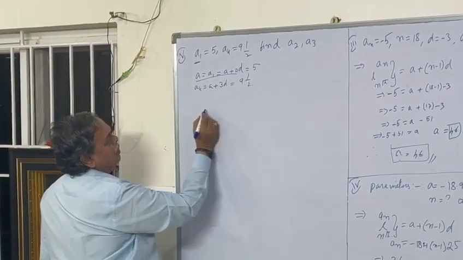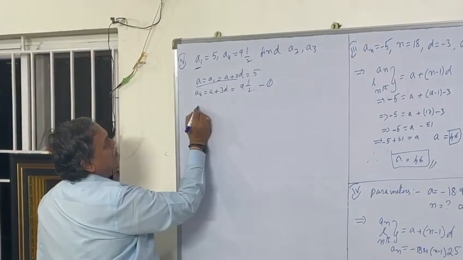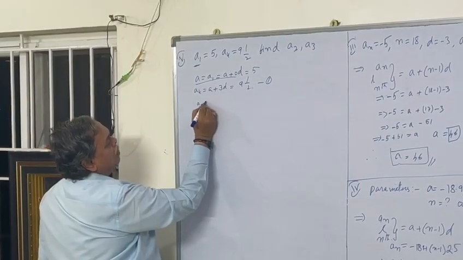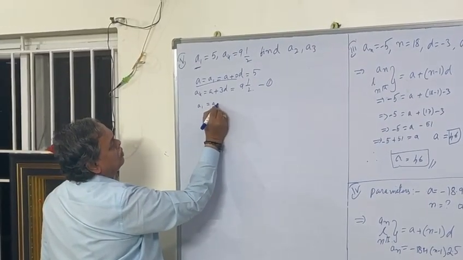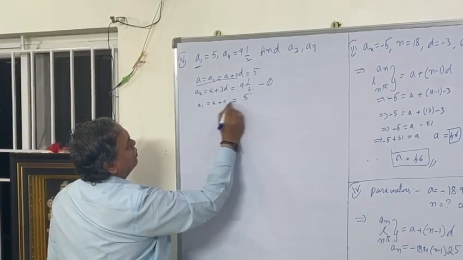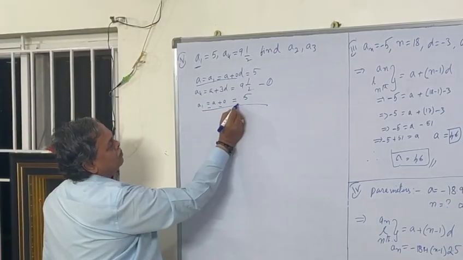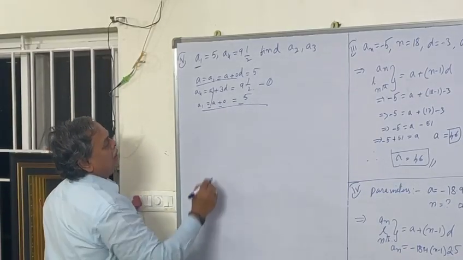5 is given. Then we will take this as equation 1, and A1 is equal to A plus 0D as equation 2. A plus 0D is equal to 5. Then by changing the signs, minus minus, A and A are cancelled.